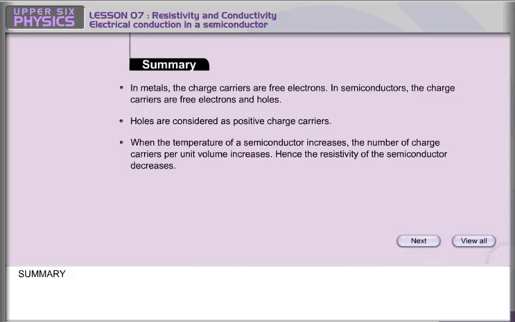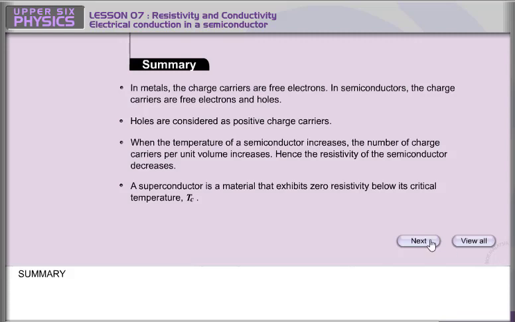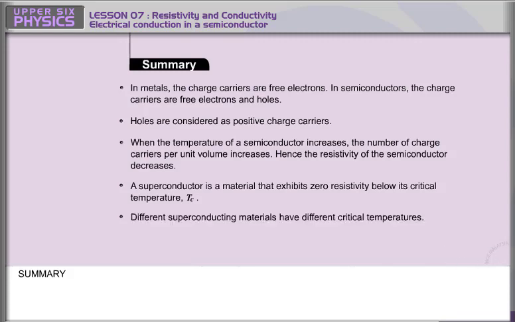When the temperature of a semiconductor increases, the number of charge carriers per unit volume increases, hence the resistivity of the semiconductor decreases. A superconductor is a material that exhibits zero resistivity below its critical temperature, Tc. Different superconducting materials have different critical temperatures.